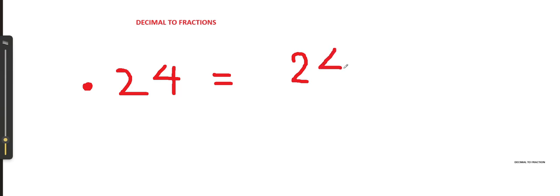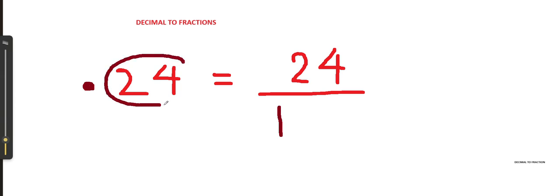Well, I have a question, 0.24. What I'm going to do in that case is write 24 as the numerator. What shall be the denominator? This decimal point is considered as 1. How many numbers do we have on the right side of the decimal point? We have 2 digits.